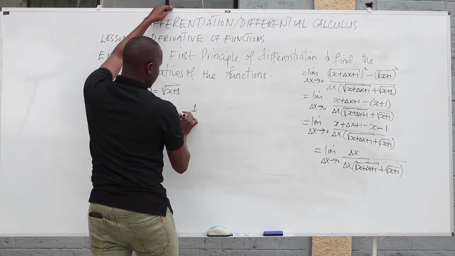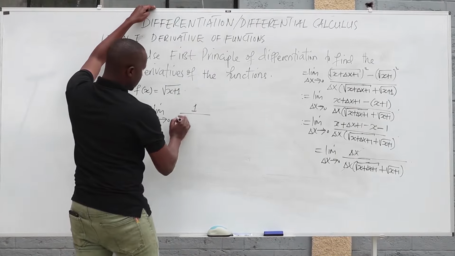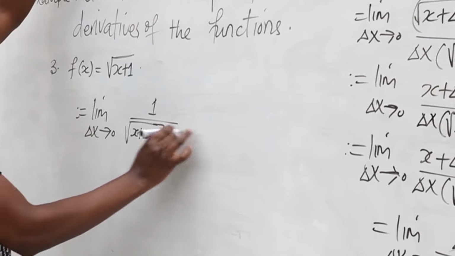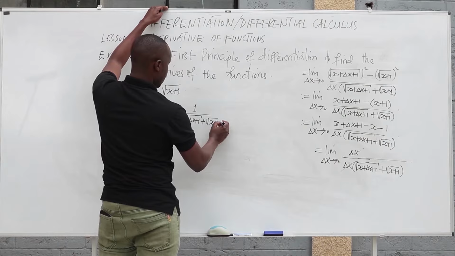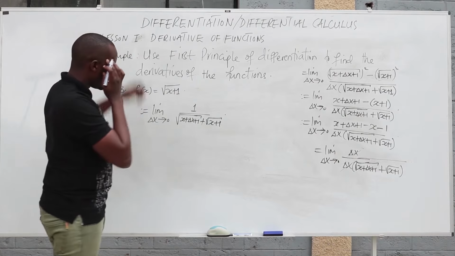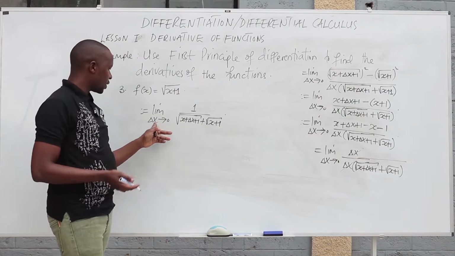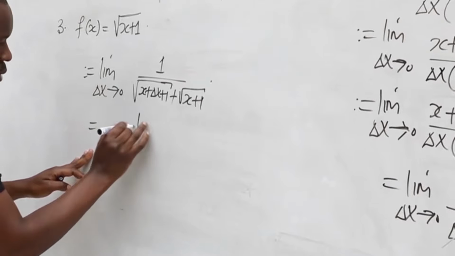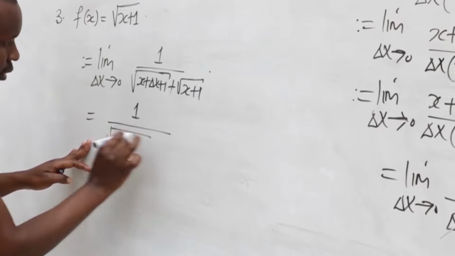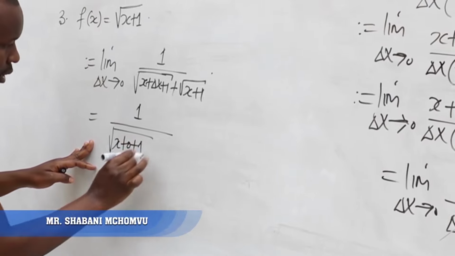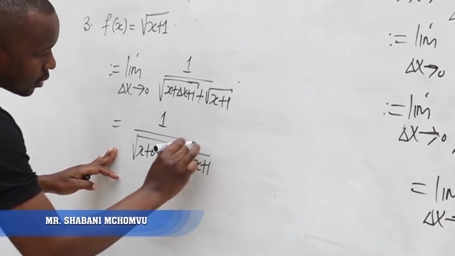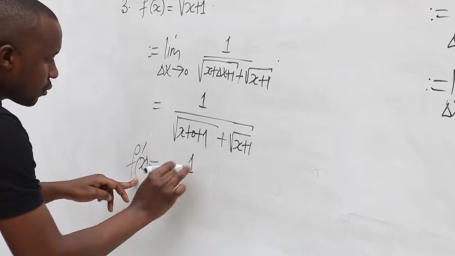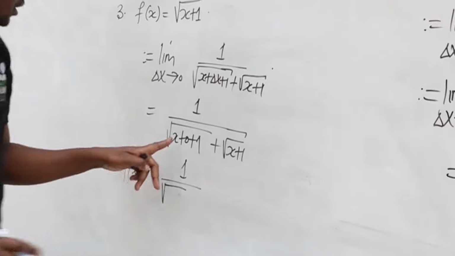So it will remain 1 in the numerator, and in the denominator we'll have the radical of x plus change in x plus 1, plus the radical of x plus 1. From here we can apply the limit directly, where change in x we introduce 0. So here it becomes 1 over the root of x plus 0 plus 1, plus the radical of x plus 1. So now we'll have f prime of x equals 1 over, here it becomes, the root of x plus 1.